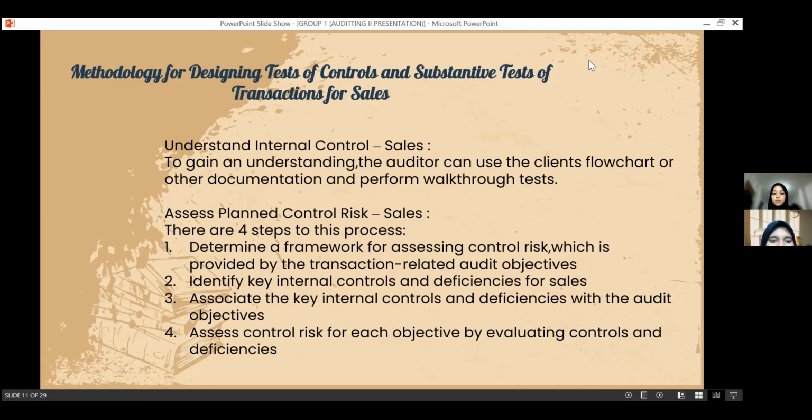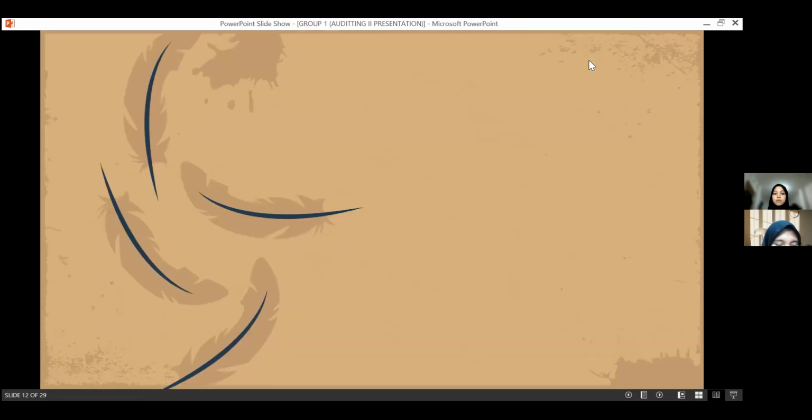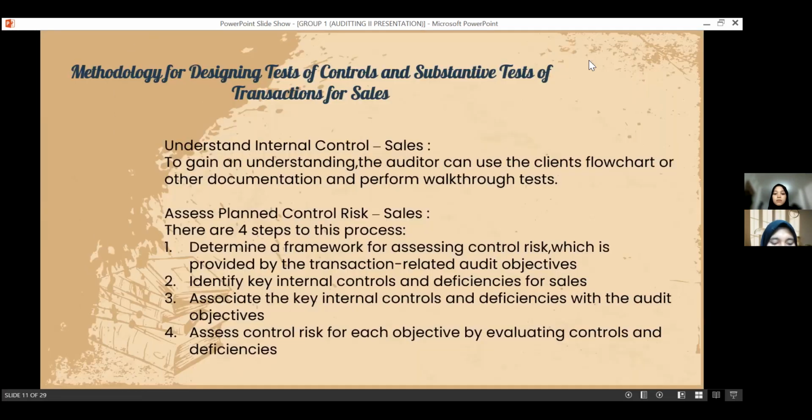The third, associate the key internal controls and deficiencies with the audit objective. And the last one, assess control risk for each objective by evaluating control and deficiencies. This step is important because it affects the auditor's decision about both test of control and substantive test. It is a highly subjective decision.